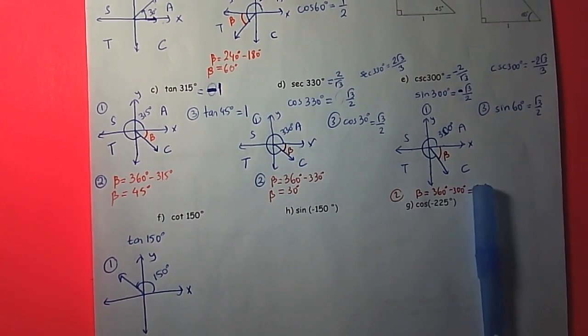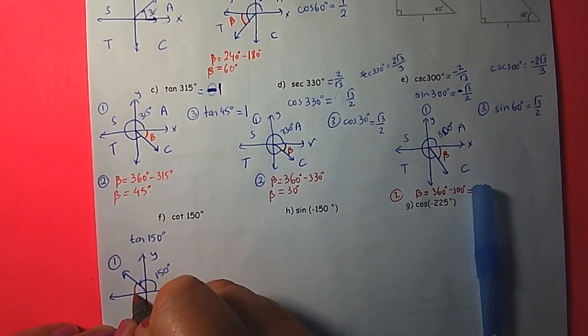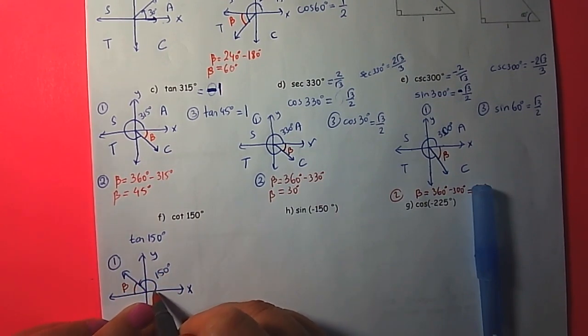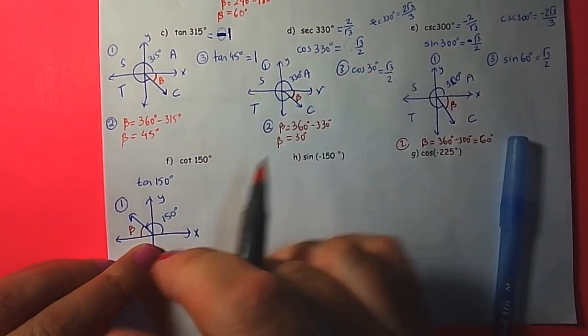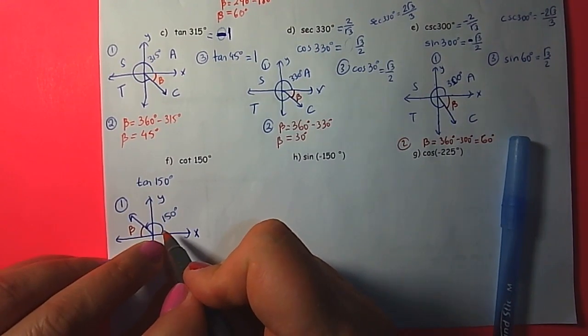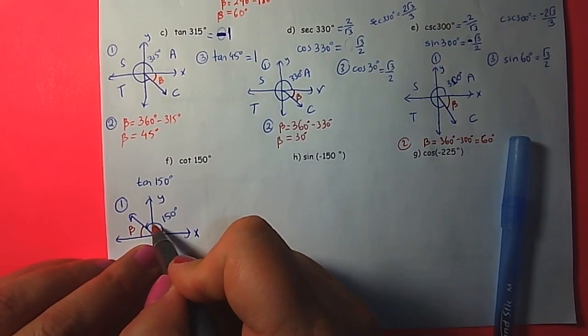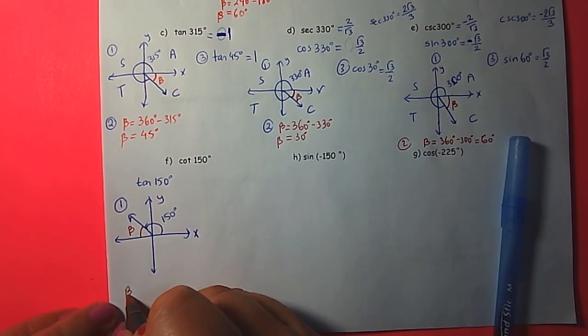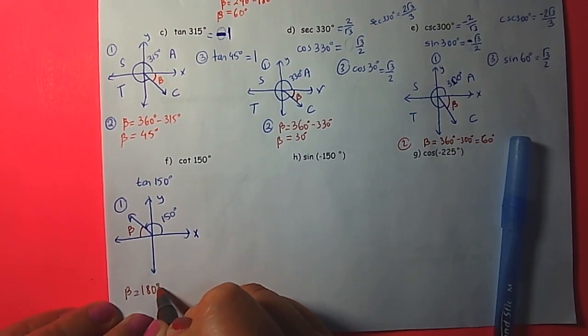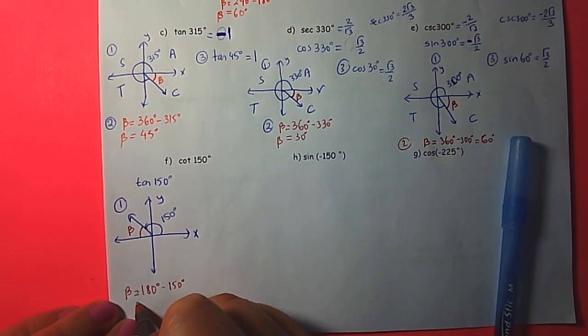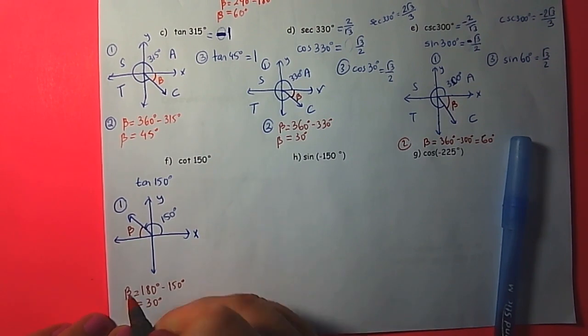Step 2, find related acute angle. So in this case, we can get beta by subtracting 150 from 180. So beta is 180 minus 150. So that is 30 degrees.